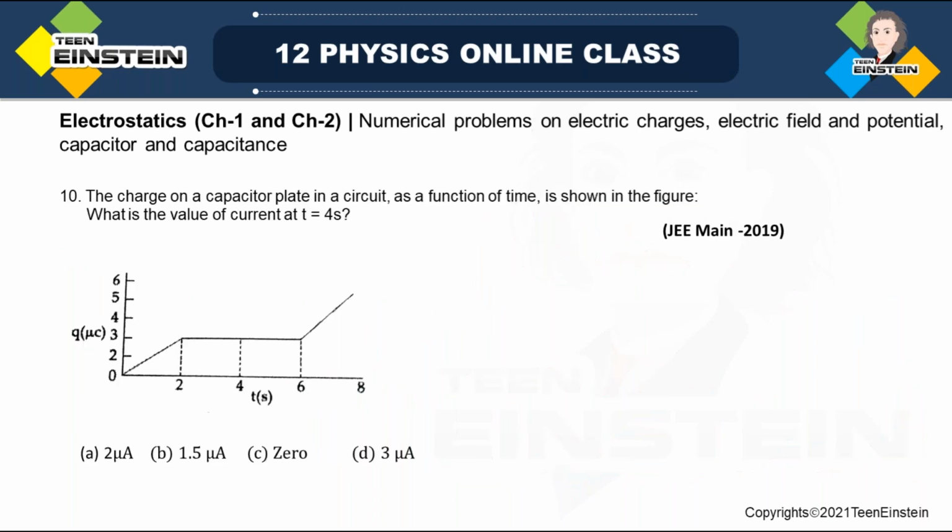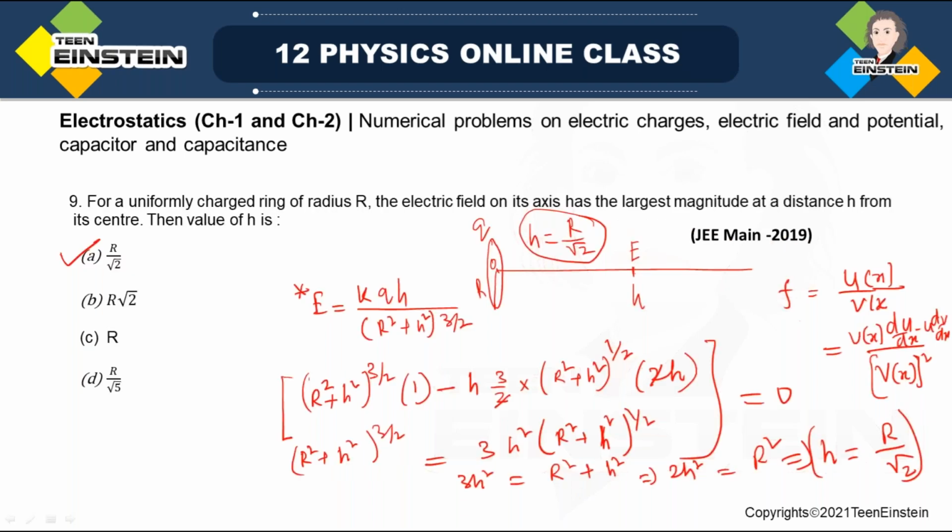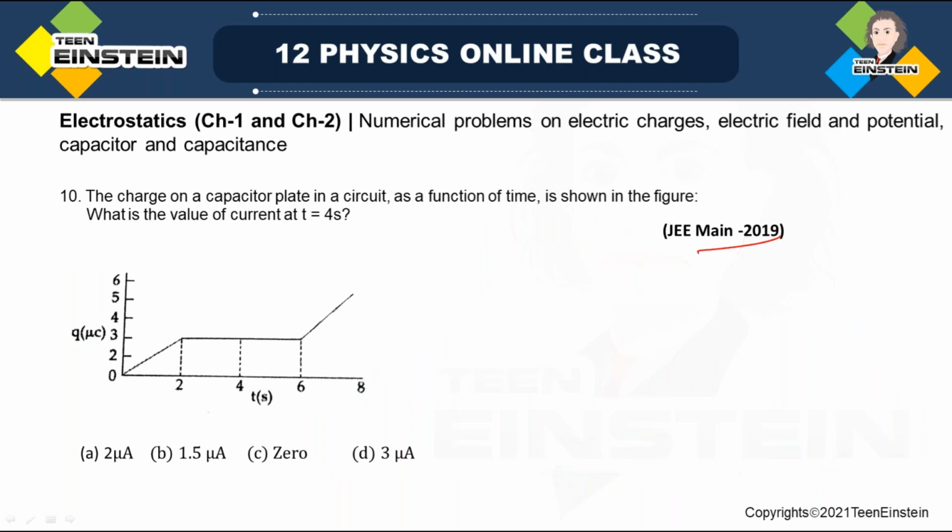Let me now solve this one. You can see all of these are actually from JEE Mains papers of various years. Now this question is related to charging of a capacitor. The charge on a capacitor plate in a circuit as a function of time is shown in the figure below.